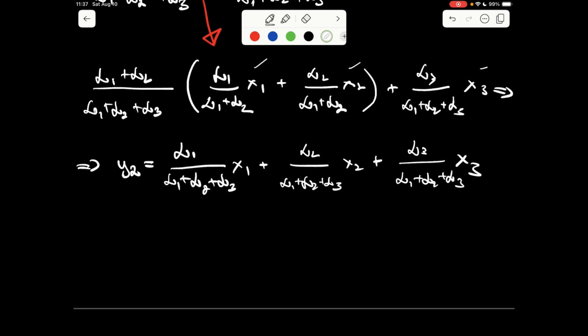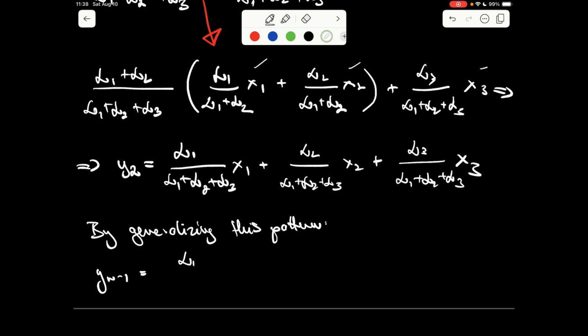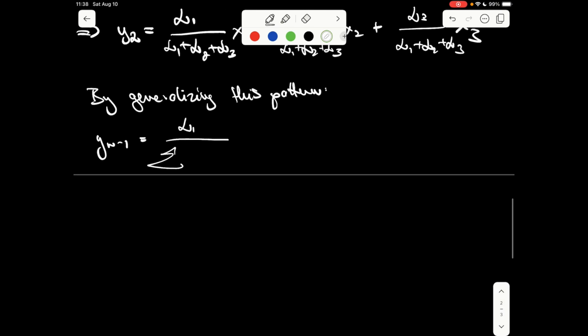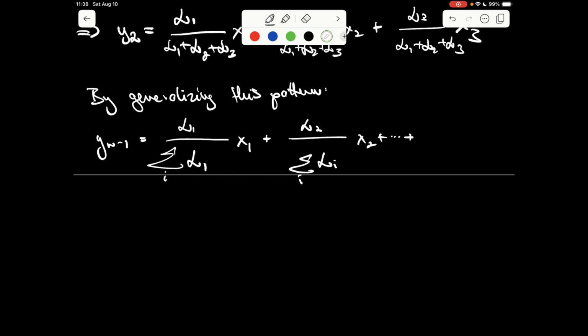Generalizing this pattern, we can say that this vector, n.